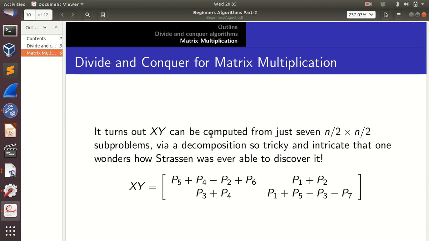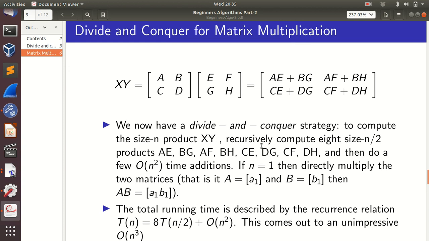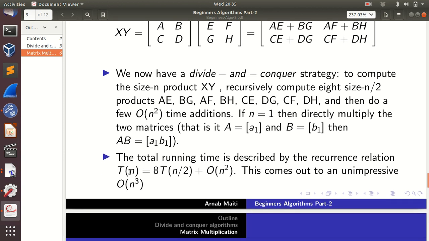And I just want to remind you, don't get confused by size. If time T depends on n for the original problem, because its dimension is n cross n, so for calculating the product of two matrices whose sizes are n cross n, if we denote it by T(n), then if we are calculating the product of matrices whose size is n by 2 cross n by 2, then it's logical to depict it by T(n/2).